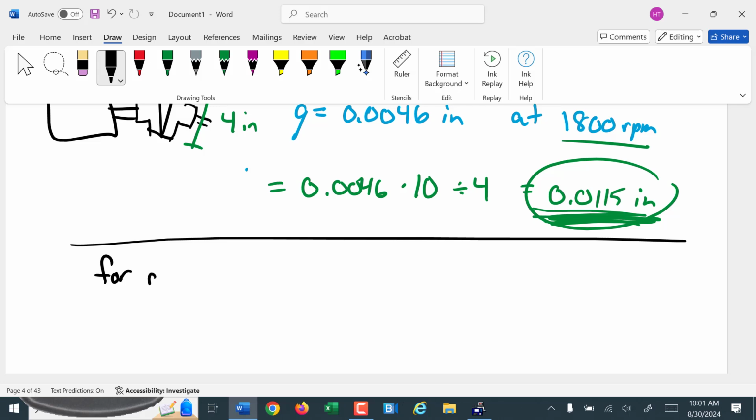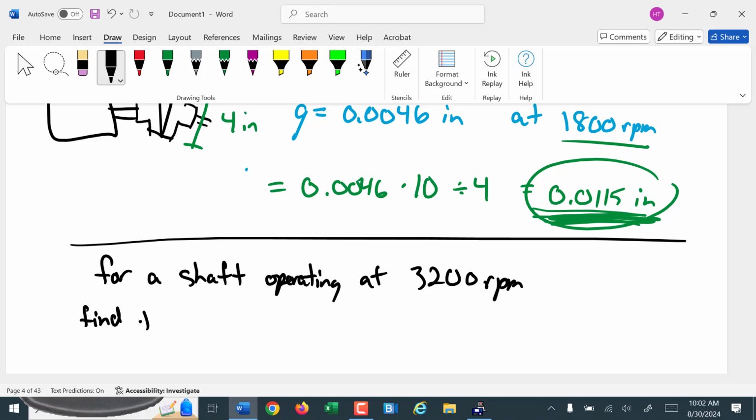No, it's not going to be good, no. Yeah, it'll vibrate itself. It'll work for a while, but it'll vibrate itself into some issues. So let's say we have a shaft operating at 3,200 RPM.